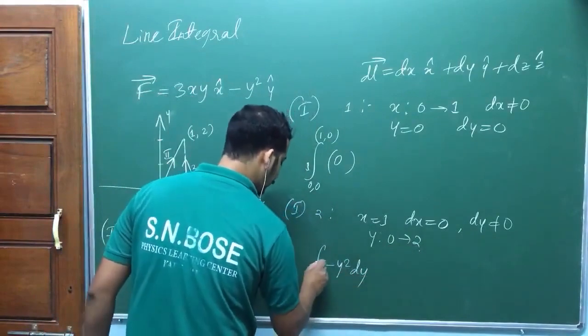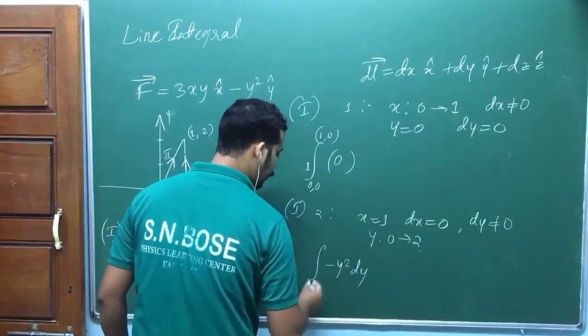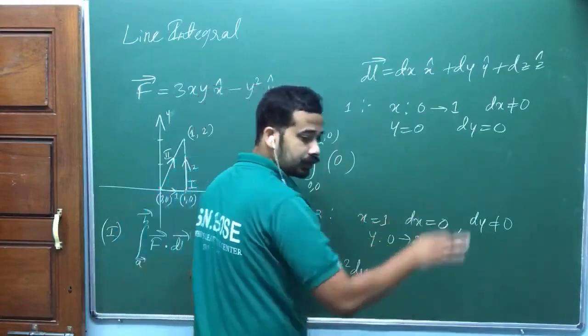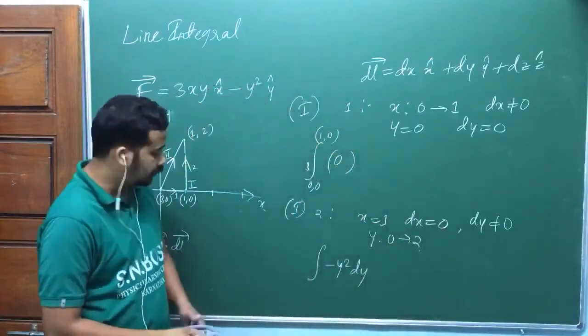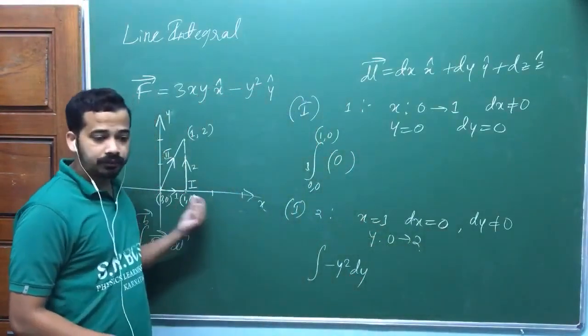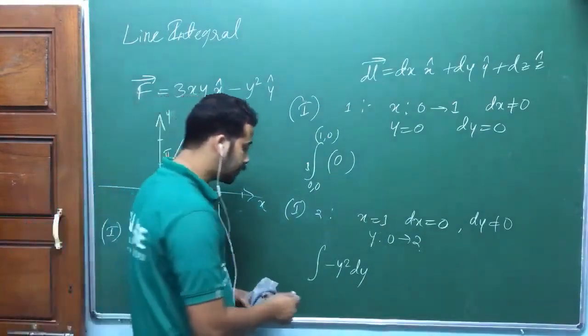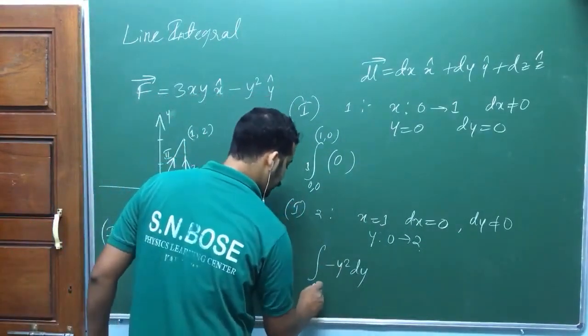This is a single variable integration. This is how it can be converted into single variable integration. It looks like a two variable integration, but after substitution of the information of that path, it converts to a single variable integration from 0 to 2.